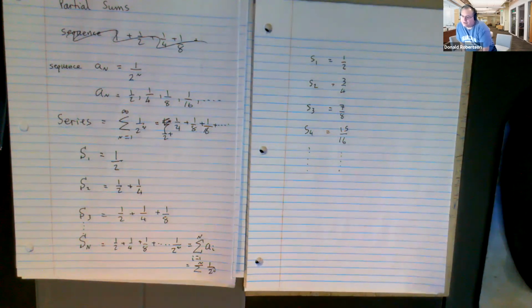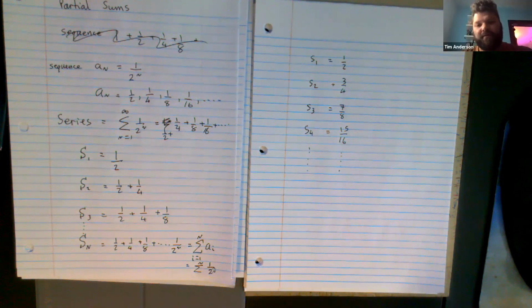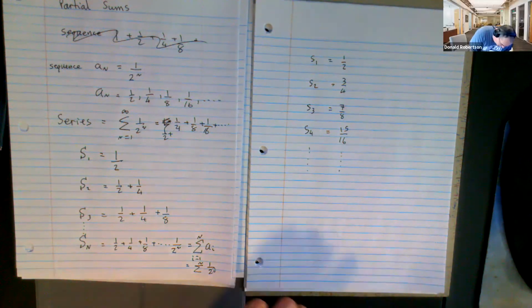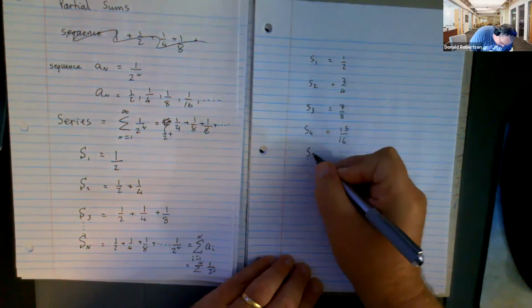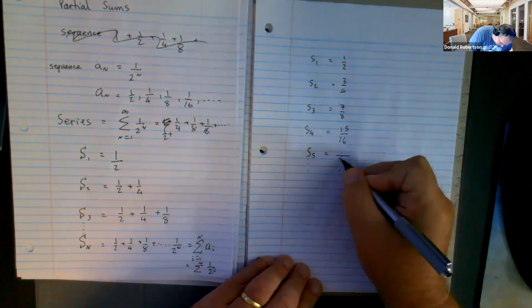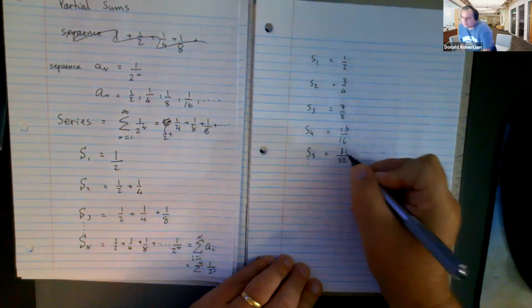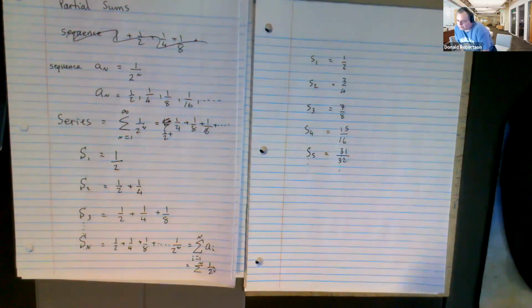Numerically, does this guy look like he's getting bigger and bigger, or does he look like he's beginning to level off at a number? What's your gut feeling? It looks like it's approaching 1. It does. If I put one more answer in, maybe I'll convince you more. If you add up the first 5 terms, you get 31/32.